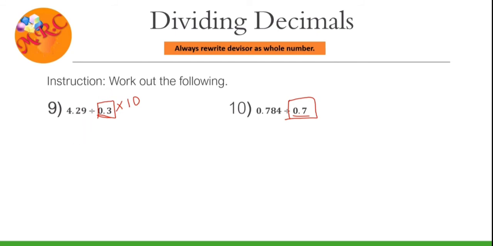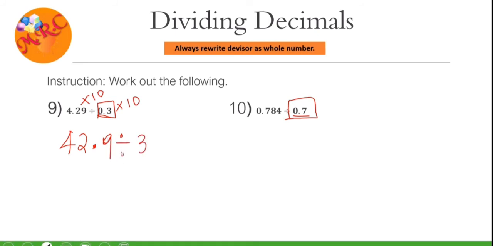So I'm going to multiply 4.29 by 10, which gives 42.9. And 0.3 times 10 gives us 3. So that is going to be divided by 3.